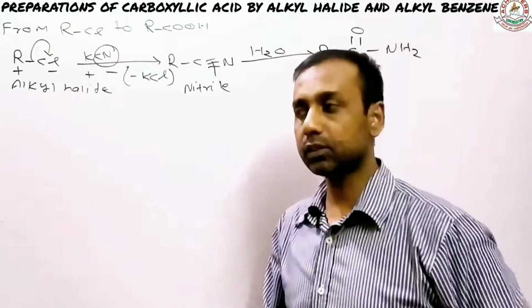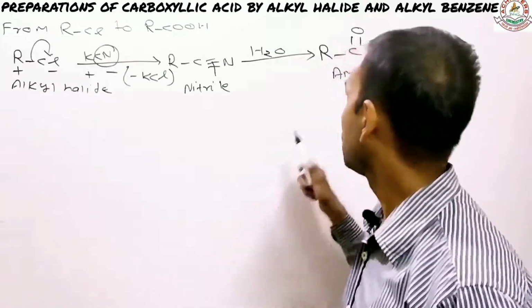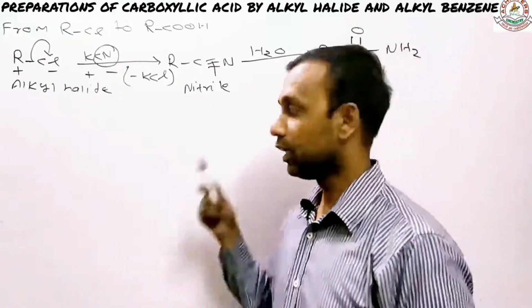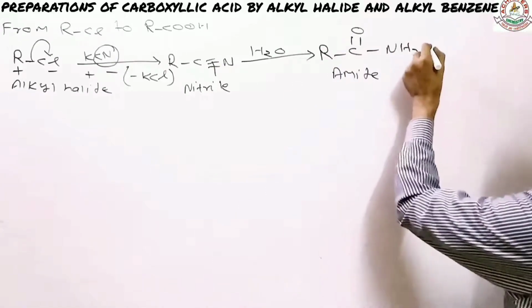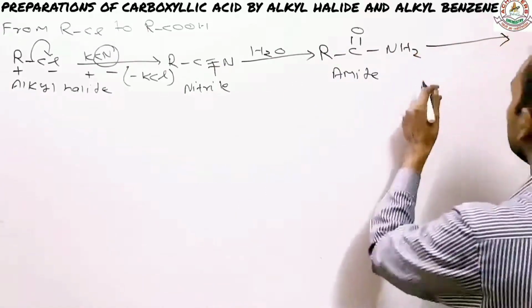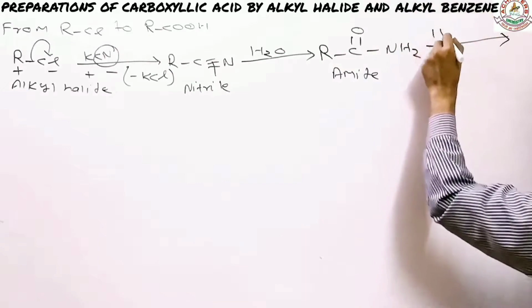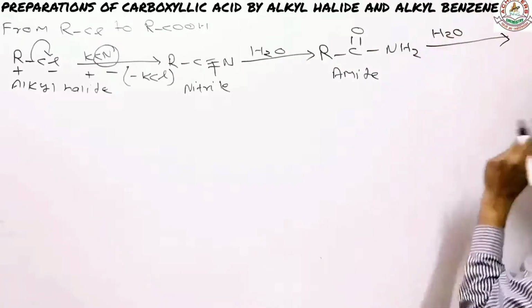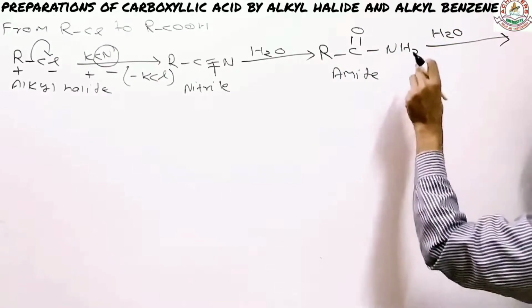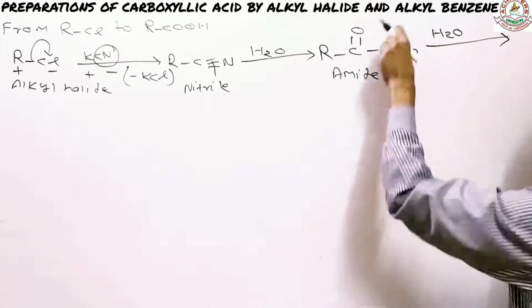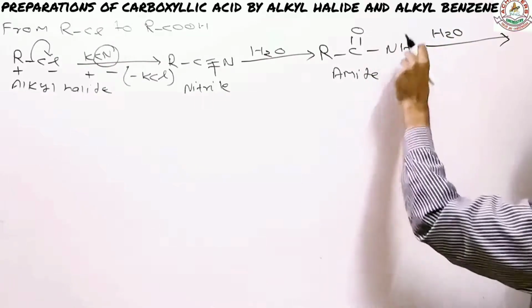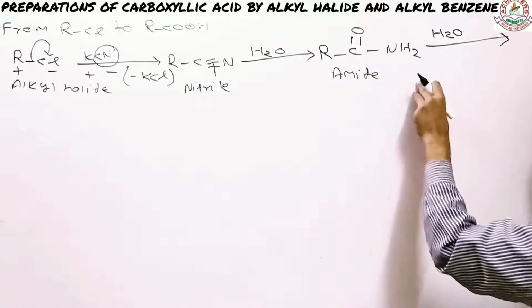Remember, I did some conversion from amide to carboxylic acid in the past. Now what happened in the last stage here? This is treated again with water. You probably understand that the system has plenty of water. So this entire NH2 will be occupied by the hydroxide group.